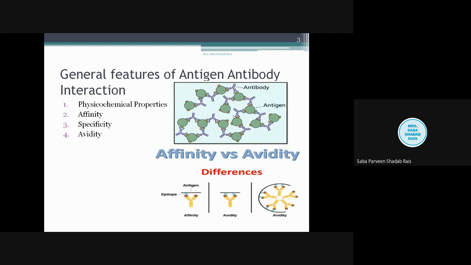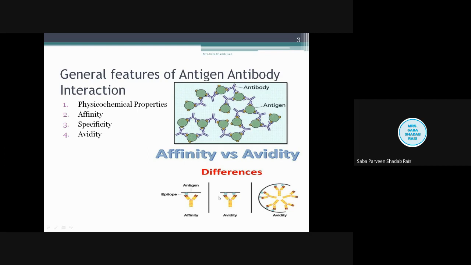So avidity is the binding strength of multivalent antibodies and antigens having multiple epitopes. When we talk about the biological system, the avidity of an antibody molecule is always a better indicator of its binding capacity than affinity. Suppose this is the affinity, and this is avidity.